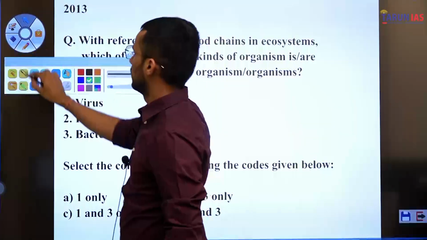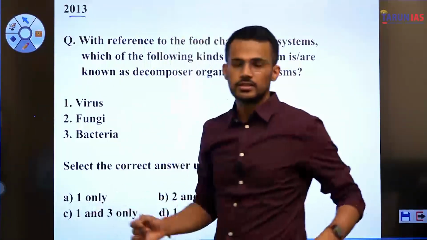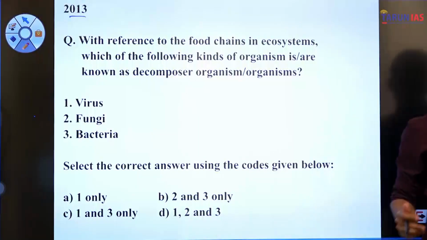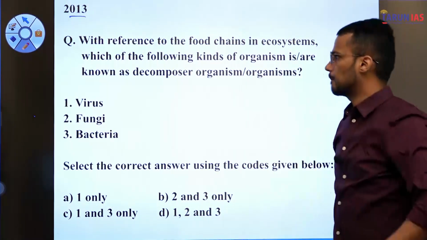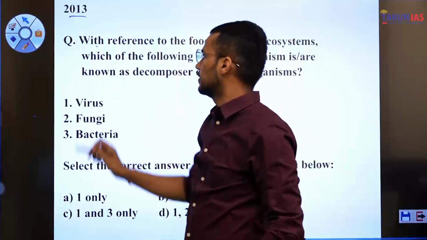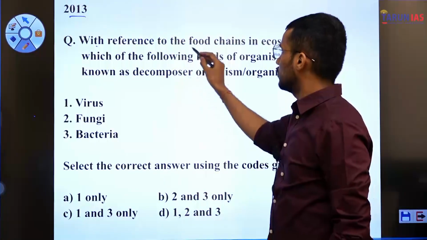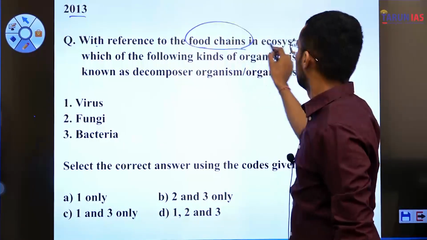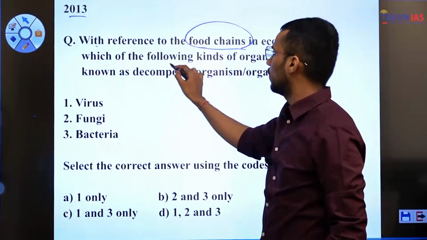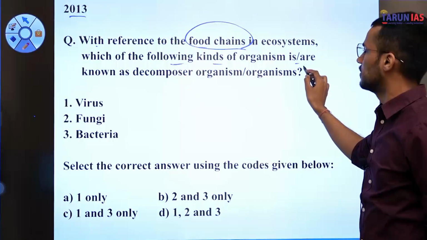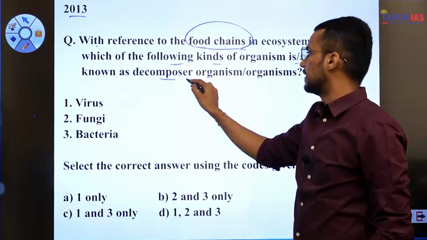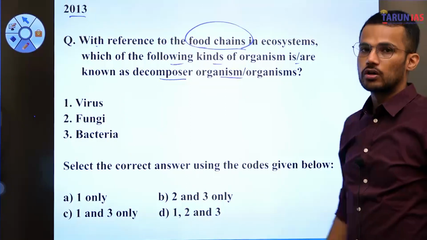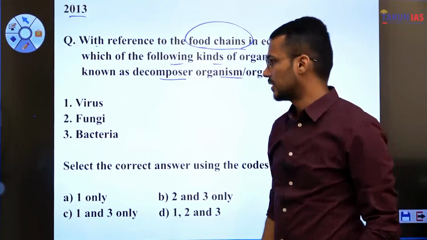Next question is, so now we'll be discussing about questions from 2013. So the first question is, with reference to the food chains in ecosystems, which of the following kinds of organism or organisms are known as decomposer organism or organisms?